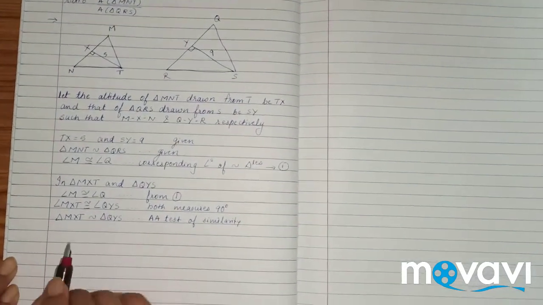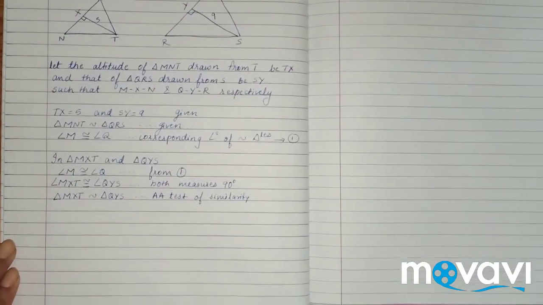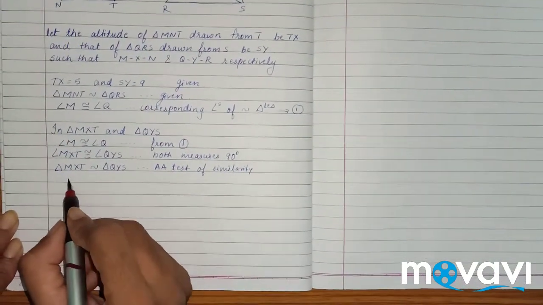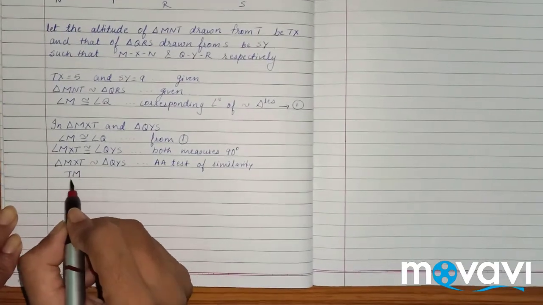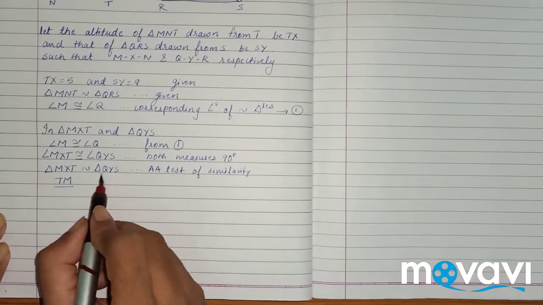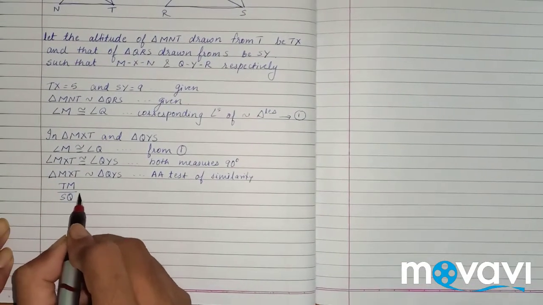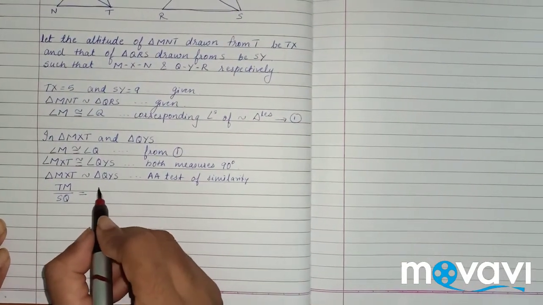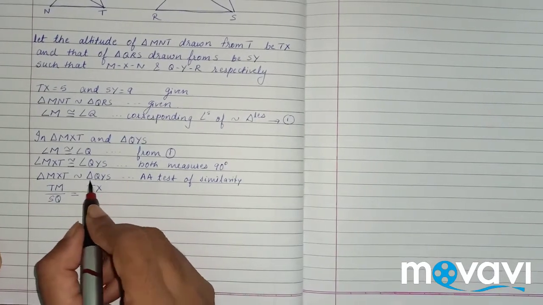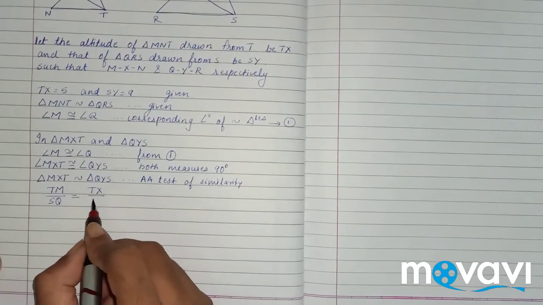Now if they are similar, I can take ratio of their corresponding sides. So I will take TM upon SQ is equal to TX upon SY.